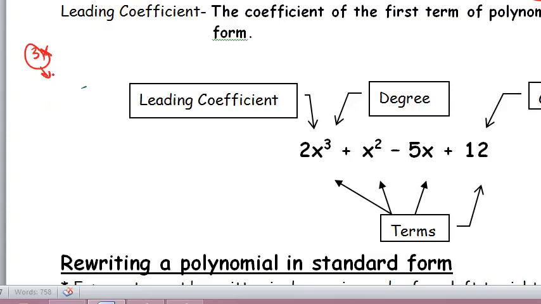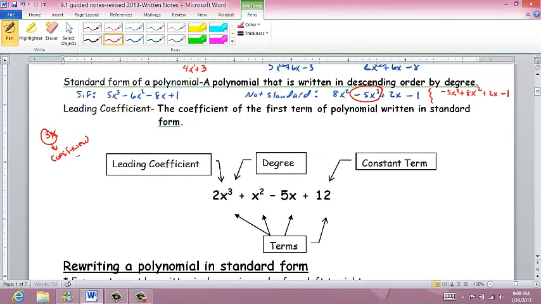So when I look at this term, 3 is the coefficient. Now, in a polynomial, the leading coefficient is the coefficient of the first term, or the term of the highest degree. Basically, if you write the polynomial in standard form and look at the very first term, the coefficient of that term is the leading coefficient.